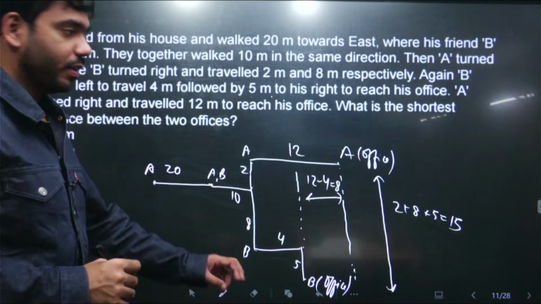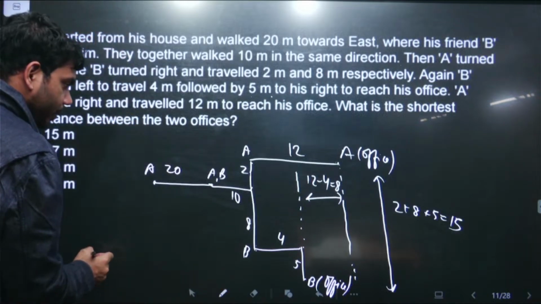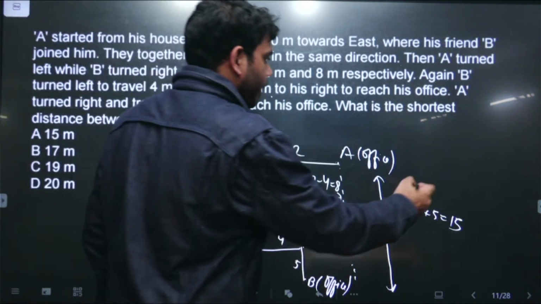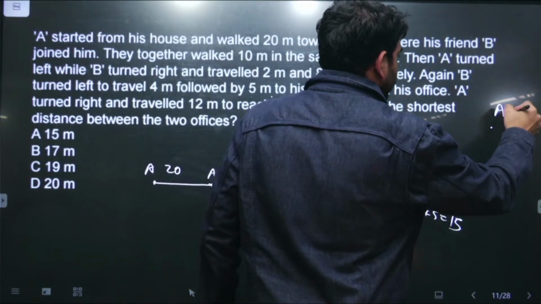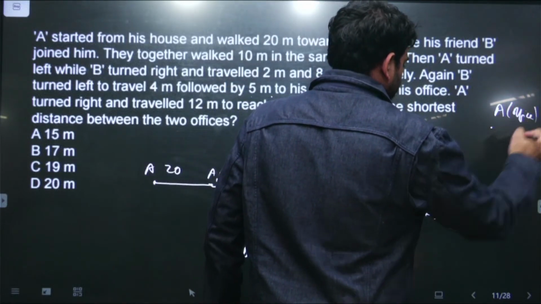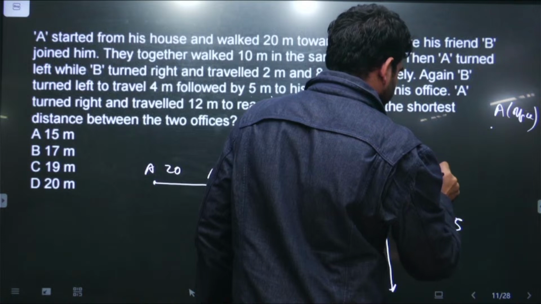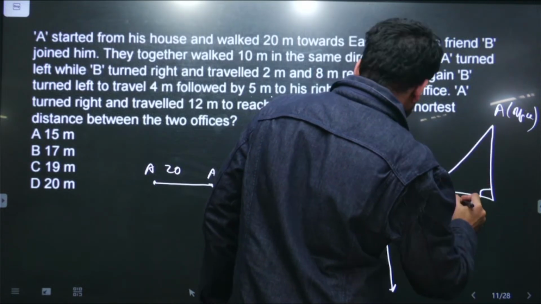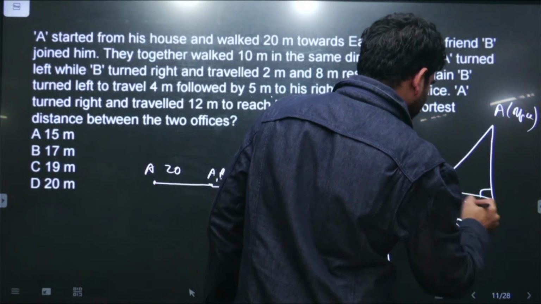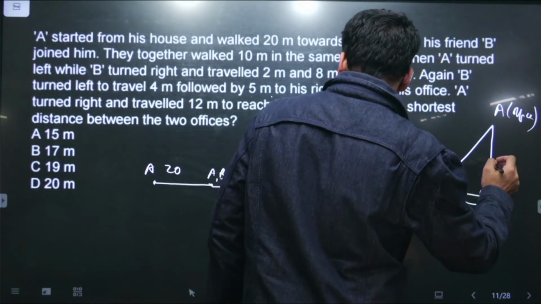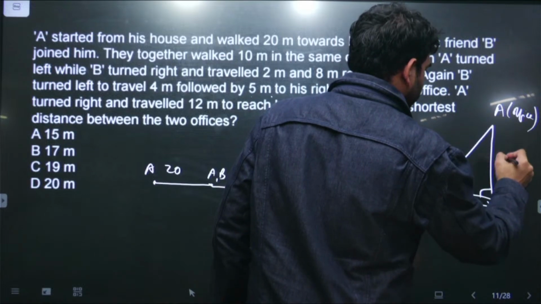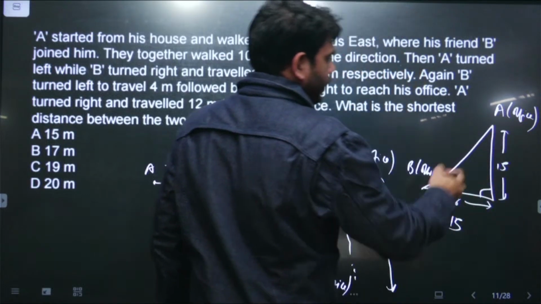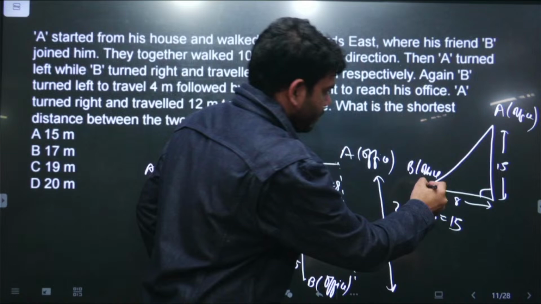So simplifying this thing हमको पता क्या चला, यहाँ पे बना देते हैं, थोड़ा सिंपल हो जाएगा. This is A का ऑफिस and this is B का ऑफिस. This is 8 and this is 15, right? And we need to find this distance. This is the shortest distance.